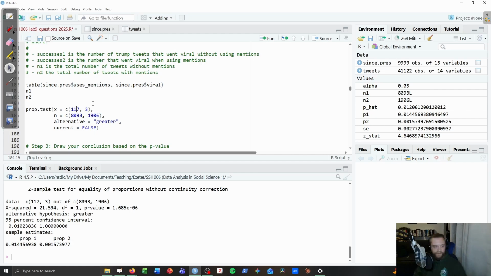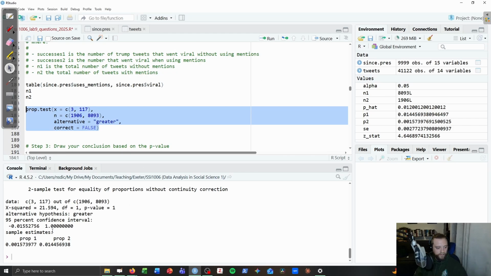Now, one of the difficulties here is what would happen if we swap these numbers around? So let's try 3 and 117, and 1906 and 8093. Now, you can see those proportions there are obviously the same, but our p-value is 1.